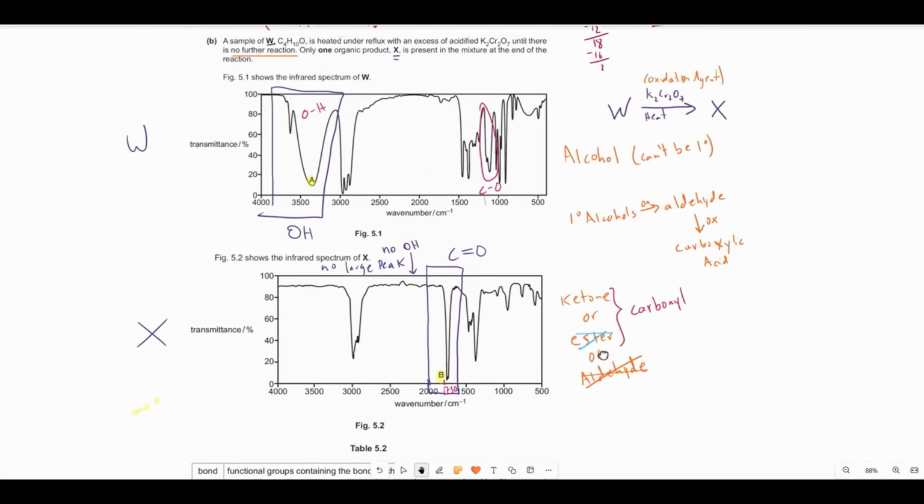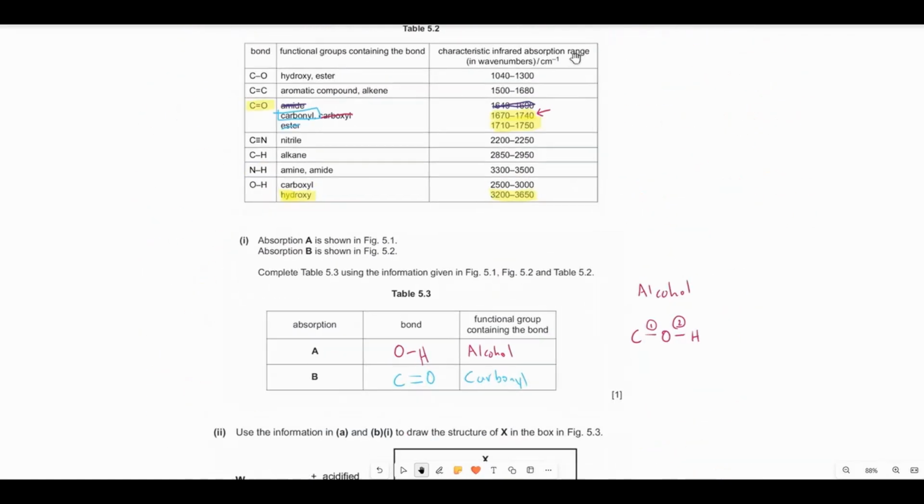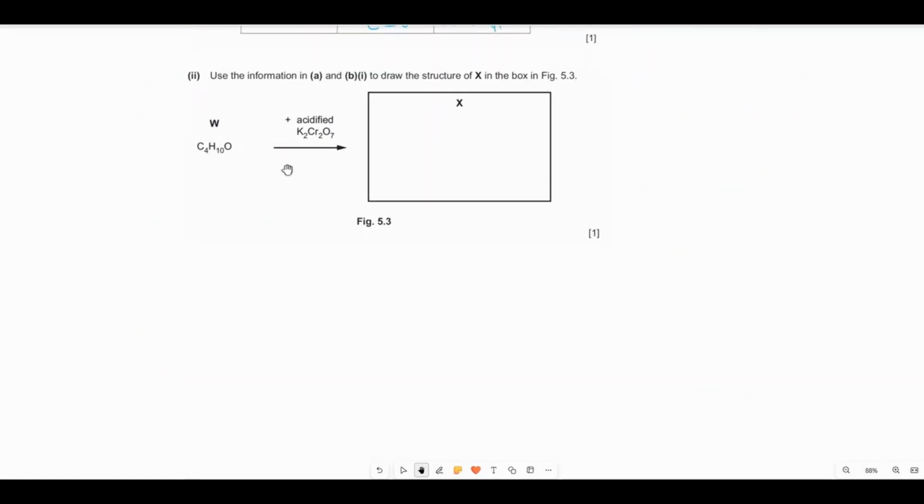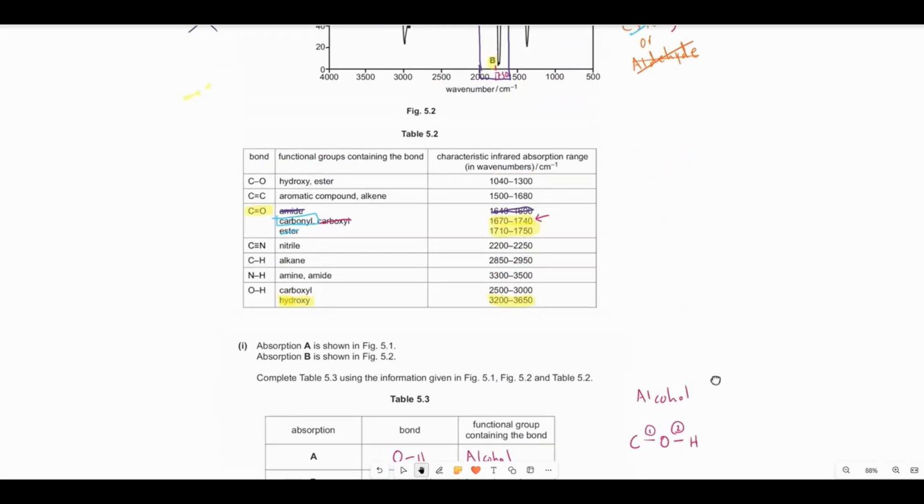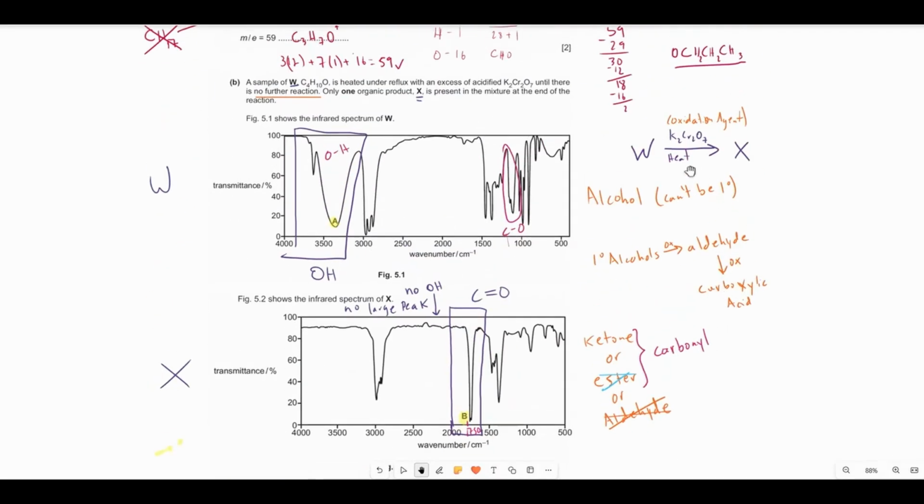What do we know? We know we have, actually, let's go back down. We know we have 4 carbons. So we know that the structures are going to be 1, 2, 3, 4, or 1, 2, 3, 4. That's really the only 2 chain isomers that we can create with 4 carbons. We also know that it's going to be an alcohol that is not primary.